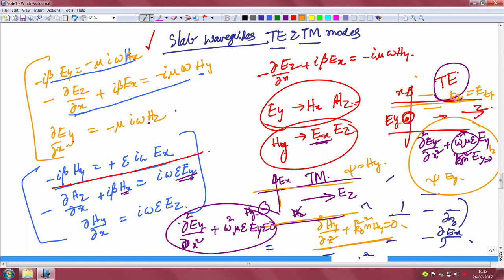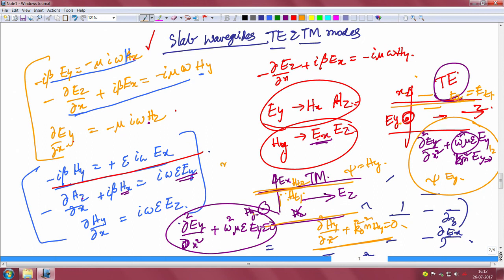In the case of TM modes, at the boundary the electric field is not continuous. We do not have a field which is just along the boundary, but you have a magnetic field which is a tangential component. So, HT1 should be equal to HT2. H components in the TM mode can be replaced with E components.